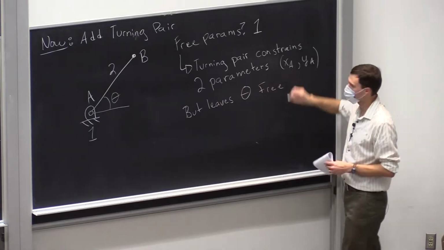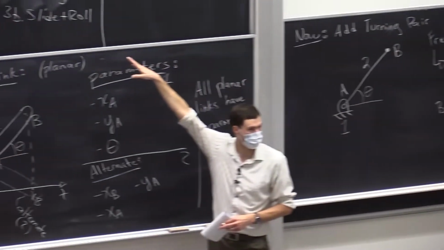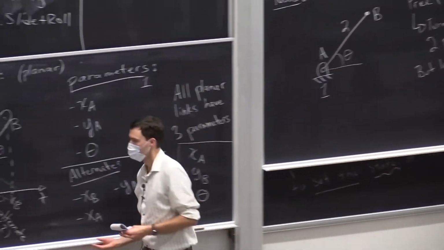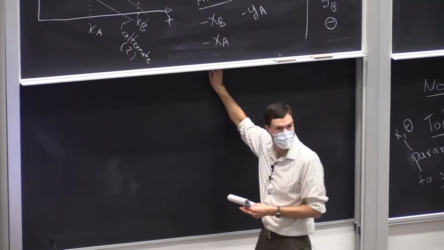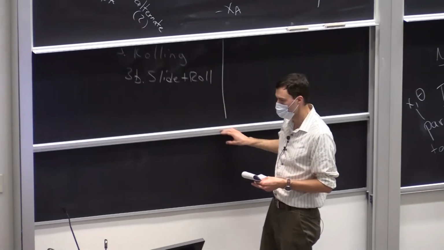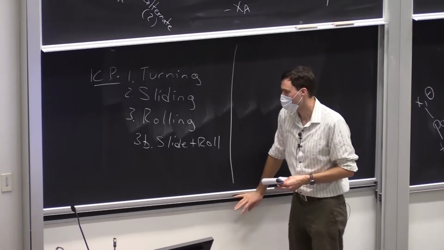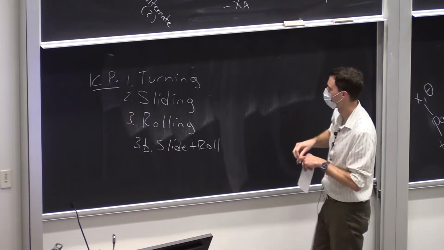And so we're going to go through and classify all of our types of kinematic pairs. We have 4 types of kinematic pairs. We're going to classify all of these, and we're going to see how many parameters each of them restrict. And we're going to use this so that we can calculate the freedom or mobility of an entire mechanism all in one go. So I'm going to use this as my little chart here.